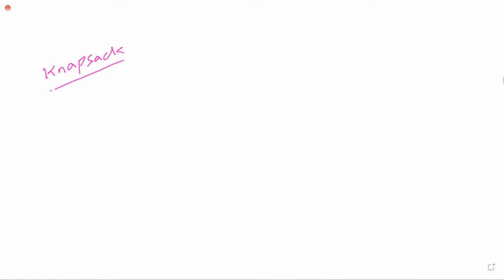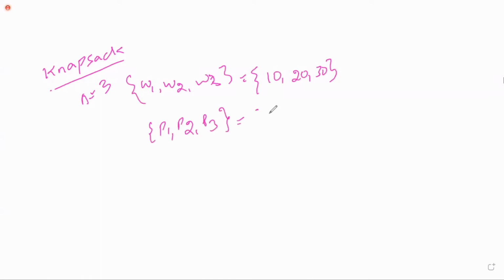In the knapsack problem, first I'm taking the number of items as 3, and the corresponding weights W1, W2, W3 are 10, 20, 30. The corresponding profits P1, P2, P3 are 60, 100, 120.